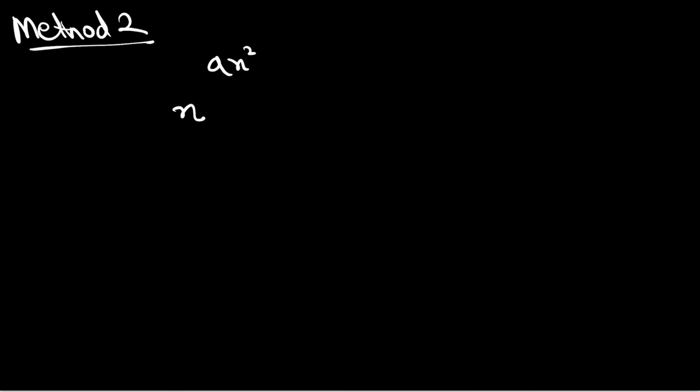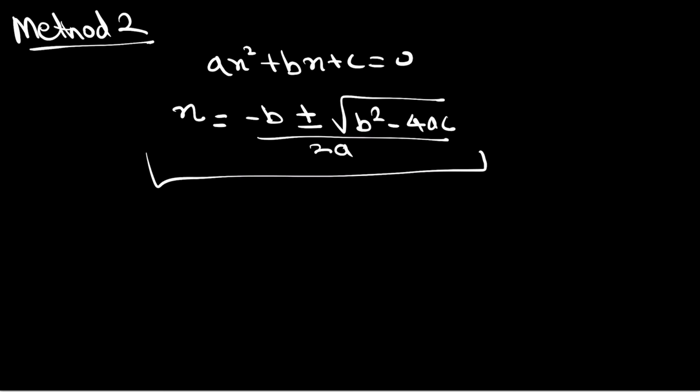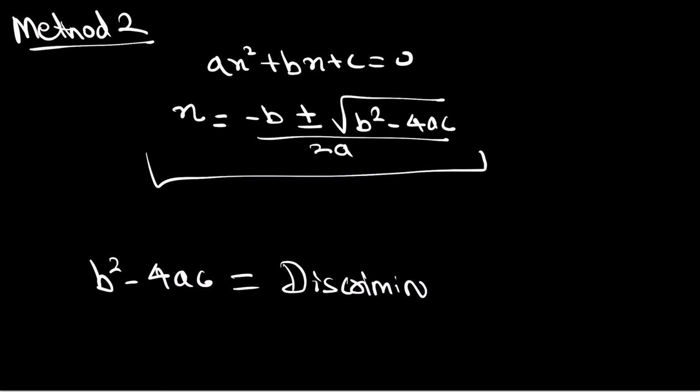If my equation is ax square plus bx plus c, then by formula I can simply say x is equal to minus b plus minus under root b square minus 4ac by 2a. This is a direct application. It will give you the same result. Now this under root term, b square minus 4ac, is called the discriminant, denoted by delta.